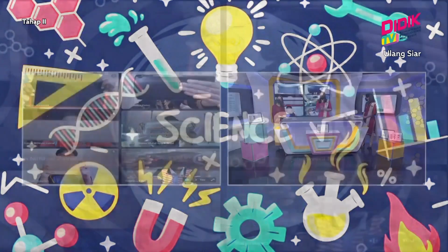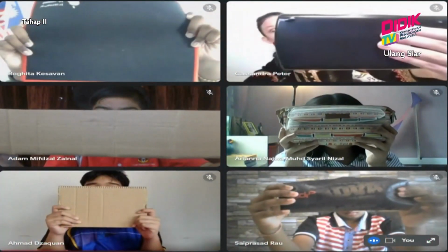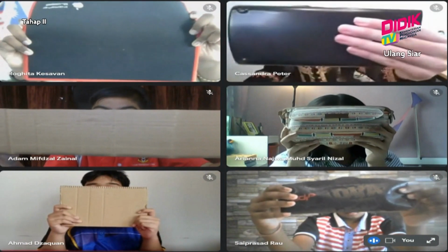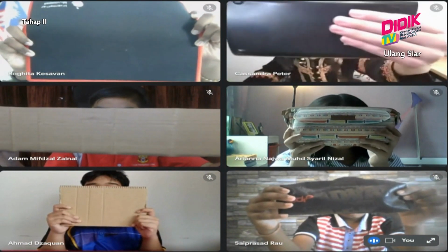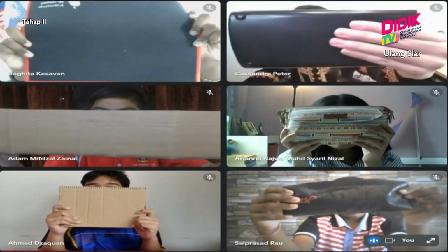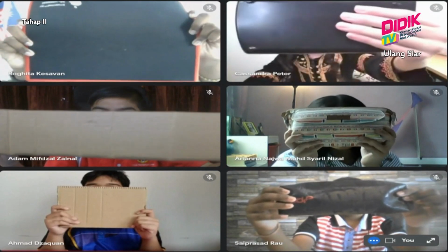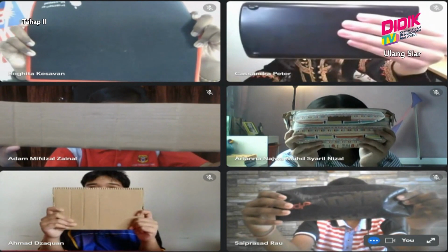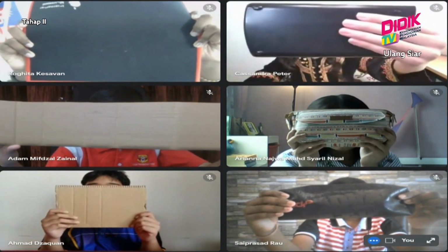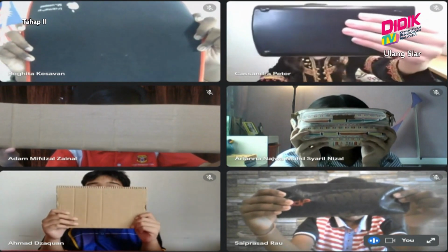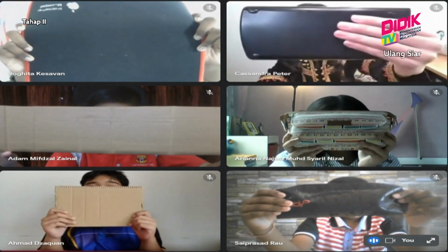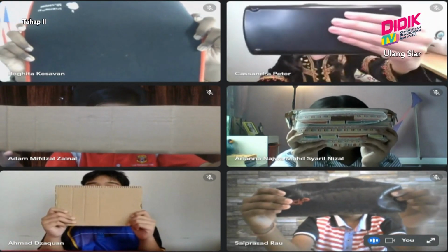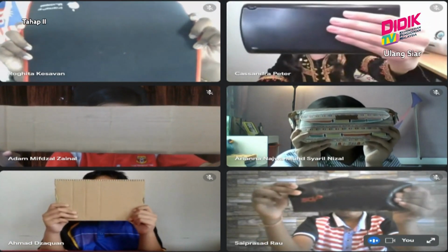So you can see that the objects have covered their faces, right? We can't see them, because this is a material that doesn't allow any light to pass through it. We have a cardboard, we have a pencil case, we have a paper. Okay, next.